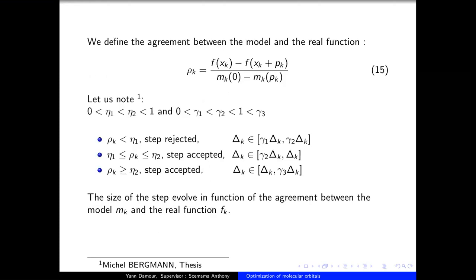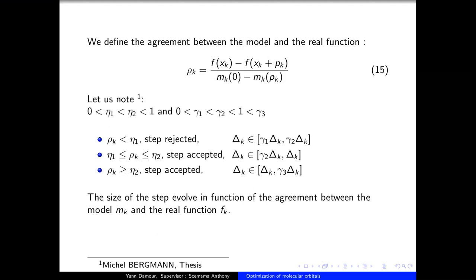So for that, we define the agreement between the model and the real function. The function f gives the exact energy, and the function m gives the energy given by the model. So we compute the energy of the previous step minus the exact energy of the current step, divided by the energy of the model at the previous step minus the energy computed by the model at the current step.